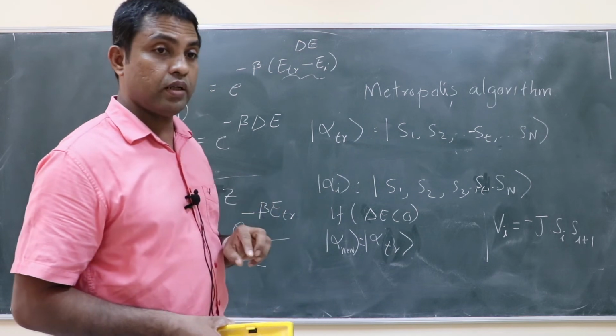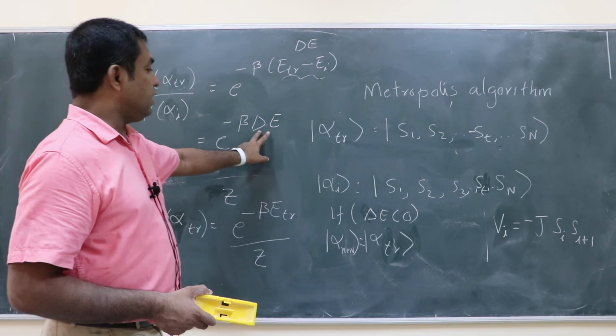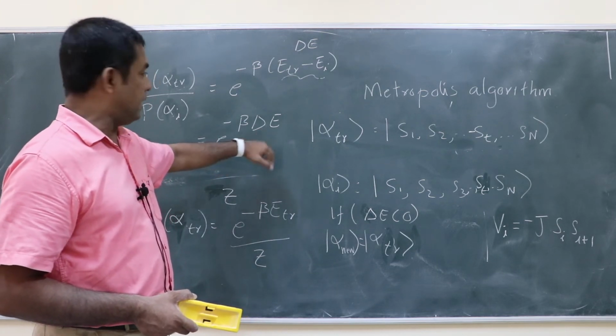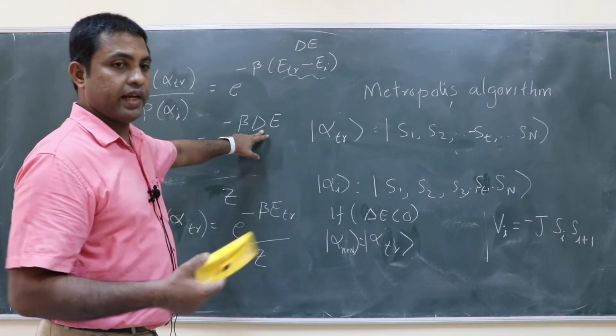So in that case, what we do is, if delta E is positive, that is basically the new configuration is having a higher energy.